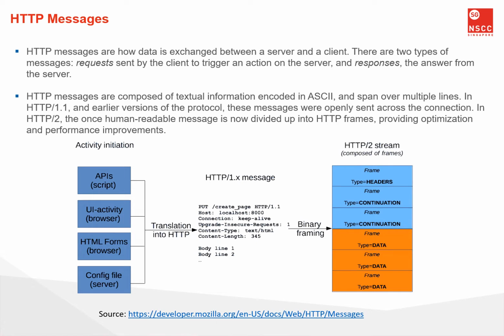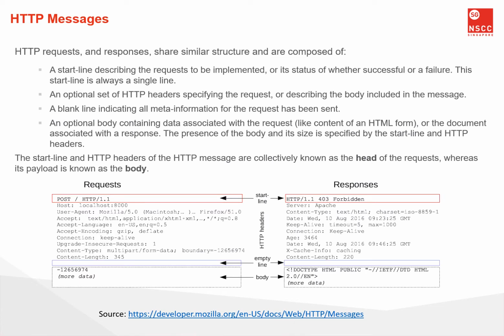In this mechanism, the request and response between the server and the client is in a series of what we call HTTP messages. In more detail, the HTTP request and response share a similar structure as it's composed of a start line, which is part of the header information.